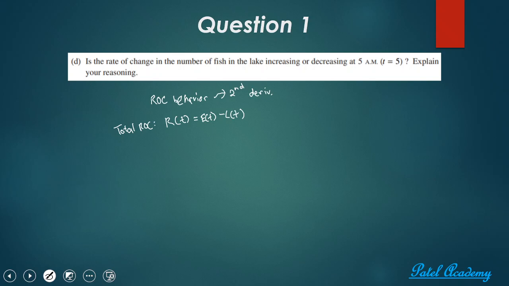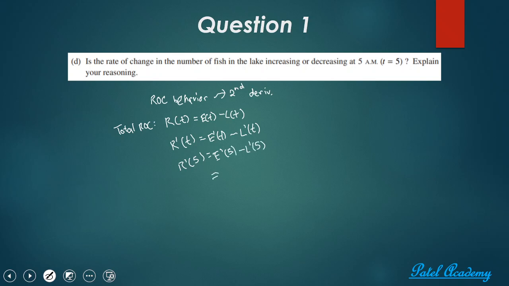And then I'm going to take the derivative of this. And then in this case, no fundamental theorem needed. This is just term by term differentiation. So it's E'(t) minus L'(t). And so what do we need to find? Well, at time t equals 5, we have R'(5) is equal to E'(5) minus L'(5).